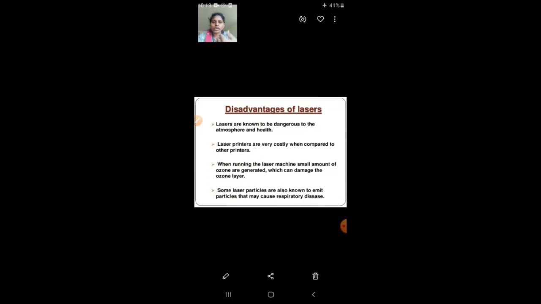Nowadays we are using mobile phones, which also emit radiation, and that radiation can damage the ear, brain and nervous system. So we have to avoid these dangers. Some laser machines are also known to emit particles that may cause respiratory diseases. So these are the disadvantages of lasers.